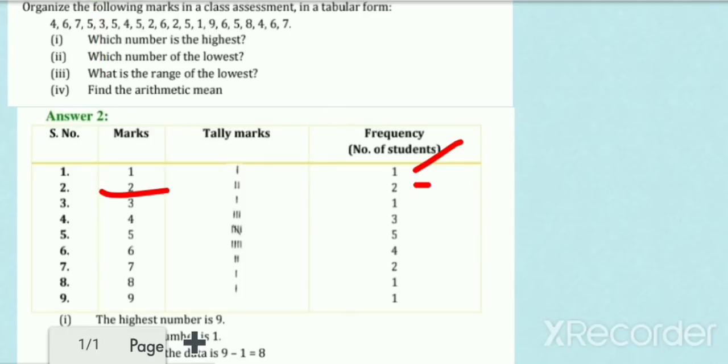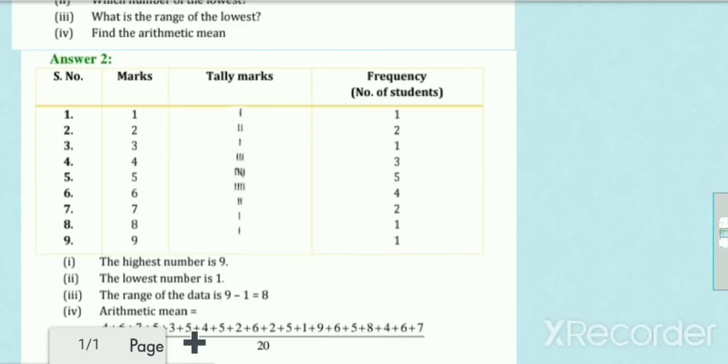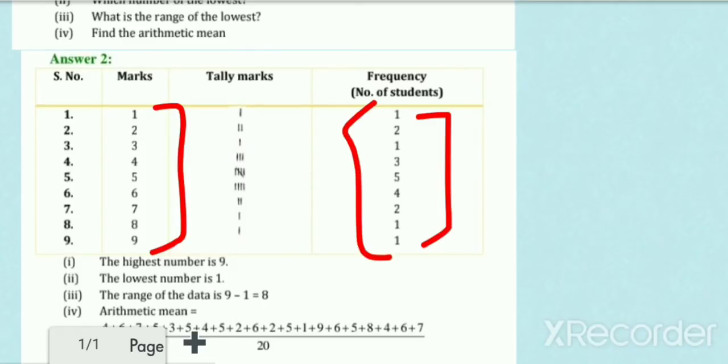Okay, and so on. So we have to see that these numbers come this many times. Okay, now according to these numbers we have to draw tally marks. Suppose this is 5, so we write 5 in tally marks as 1, 2, 3, 4, 5.